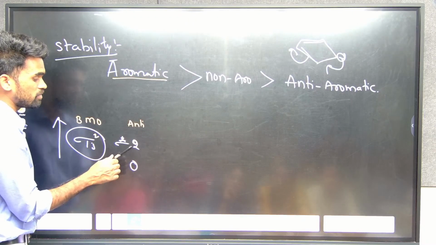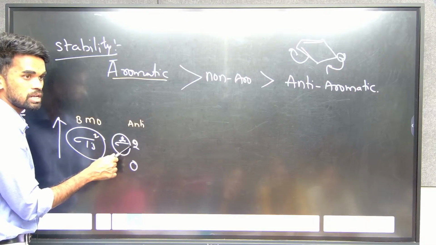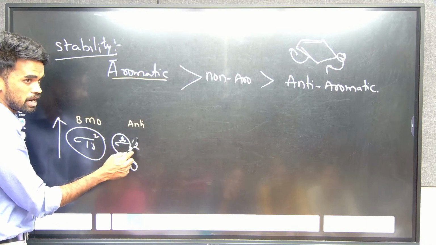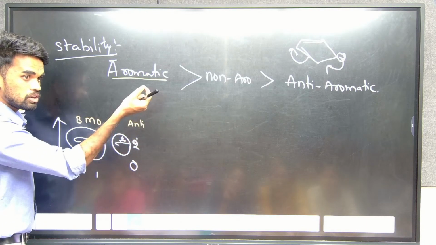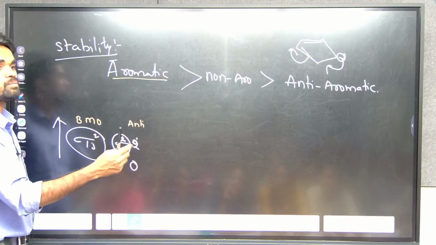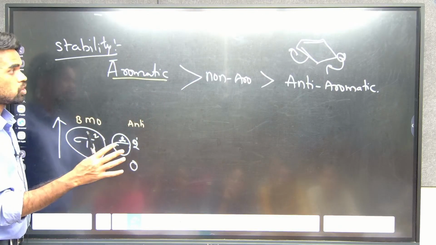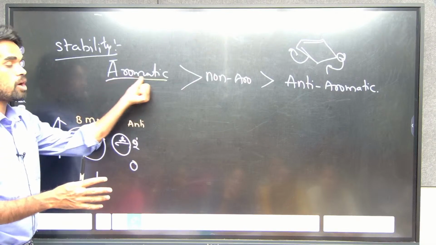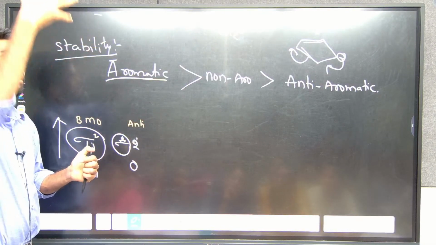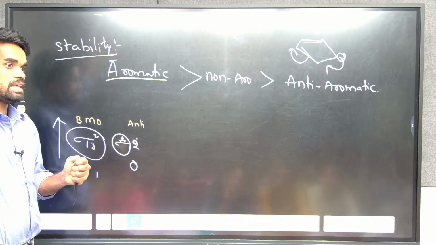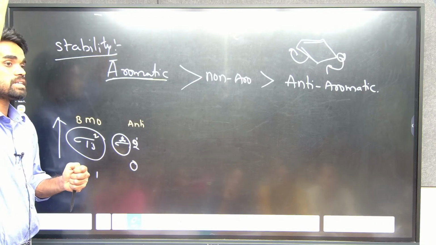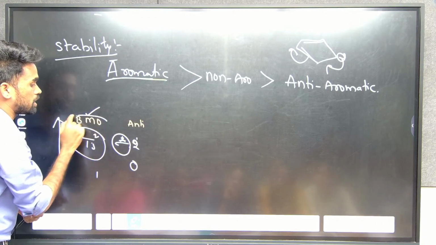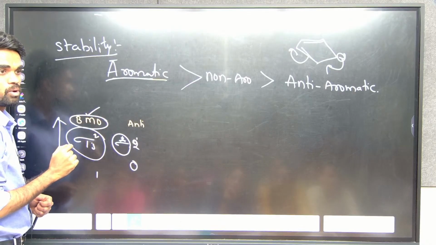No. So whenever you are filling anti-bonding molecular orbitals, that molecule becomes unstable, or won't exist. So when I am saying aromatic compounds, all the valence electrons lie in bonding molecular orbitals. In which orbitals? Bonding molecular orbitals.